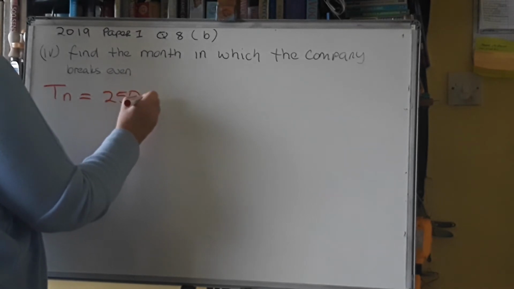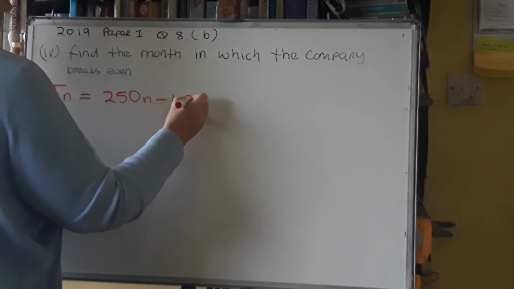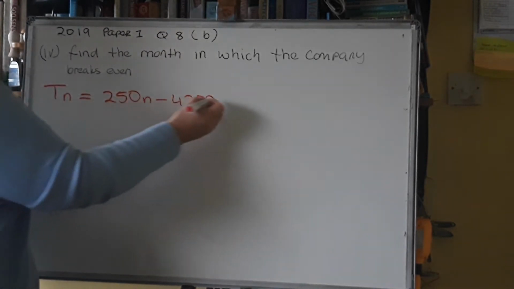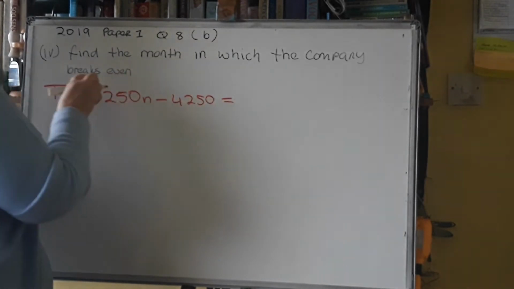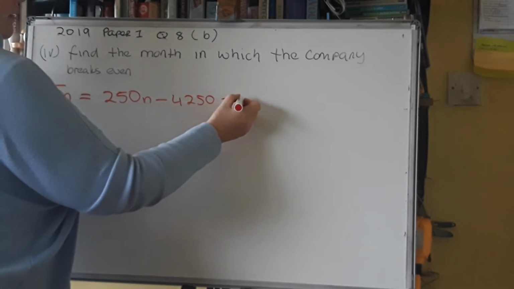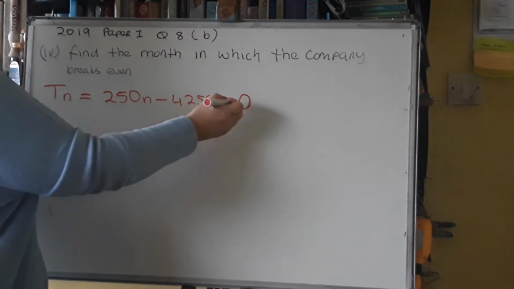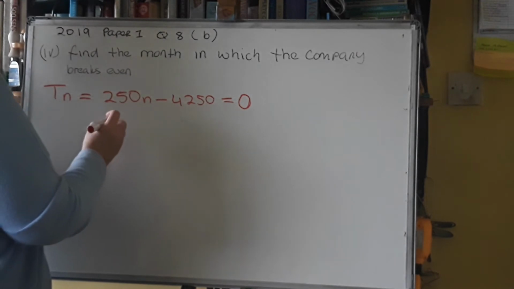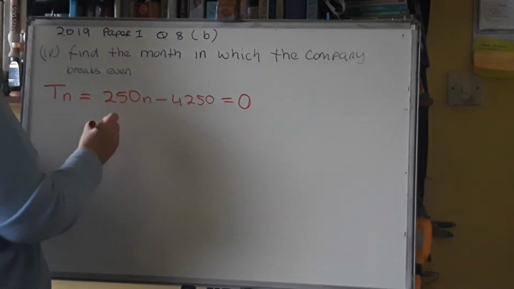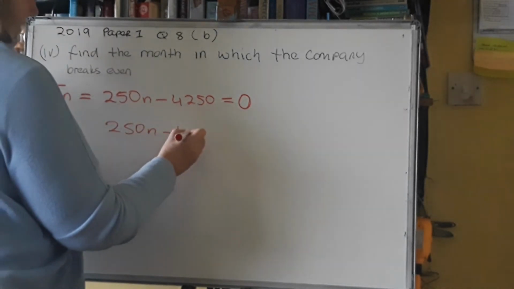But it's still the same formula, minus 4,250, and you're looking for n, but this time you know breaks even means they make neither a profit nor a loss, so they make 0 euros. So you put that equal to 0 and work it out. So what you want to get now is you want to get this n on its own. You want the 250n to be on its own.